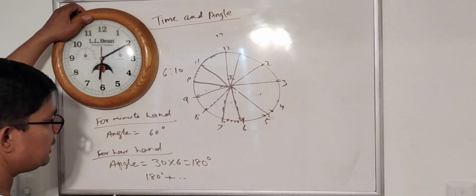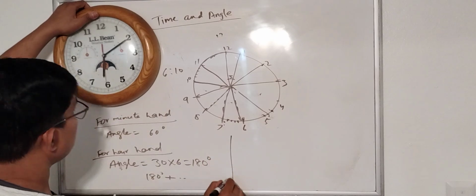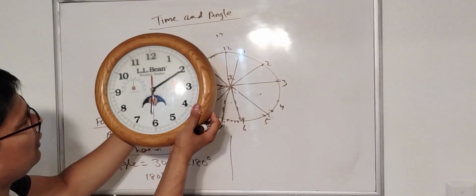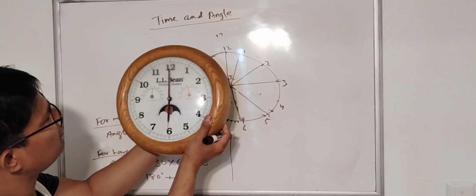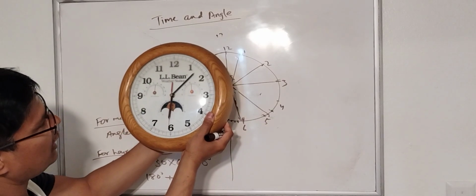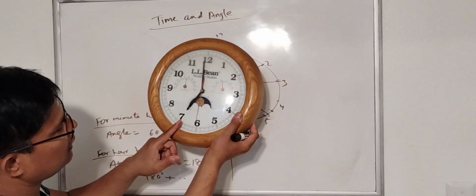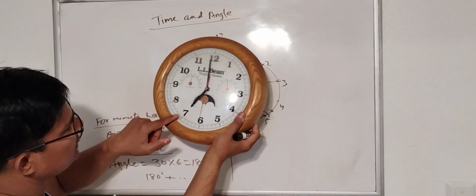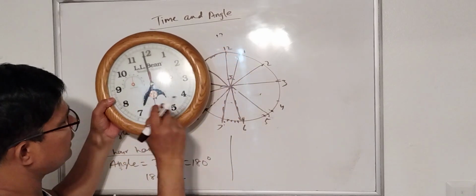To find this something, there is a simple formula. Let's see the movement of both hands, the minute hand and the hour hand. Let's start from 12. It covered one full circle, and during the same time the hour hand covered this much angle. So what did we see?